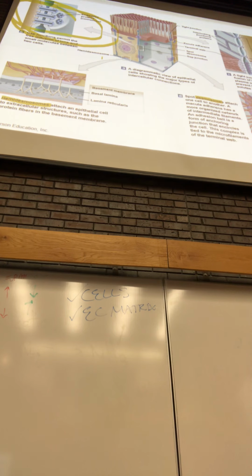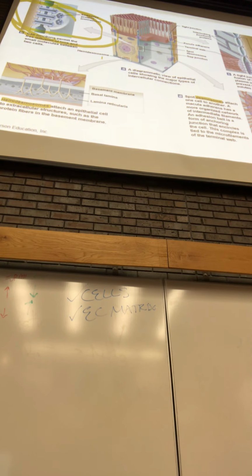Gap junctions allow communication molecules, calcium or sodium or potassium or whatever the case may be, to float back and forth between the cells, and it really helps a tissue to send a message to all the cells in the tissue really rapidly.